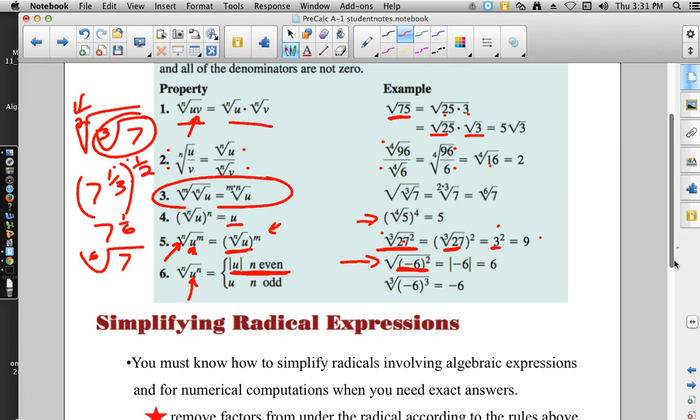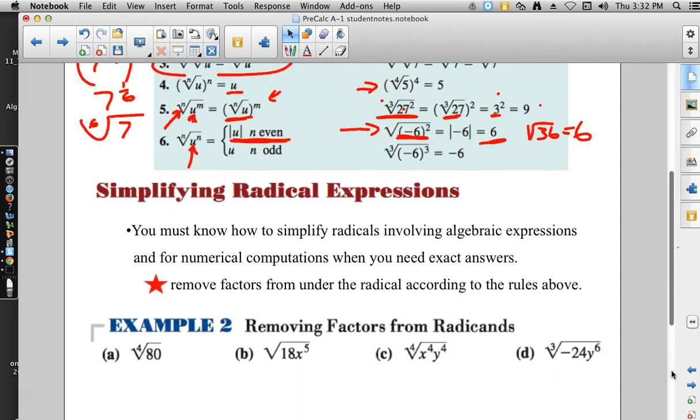So -6 times -6 would give you 36. And if you take the square root of 36, we get 6. That's because we're using that principal root concept. So the square root of -6 squared, following the order of operations, would give us a positive 6. And below it you see the cubed root of something cubed. If the index and the power match, then they just cancel each other out and we get a -6. So you have to think about your index and your power and how those two pieces work together.